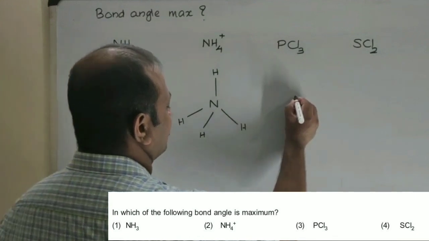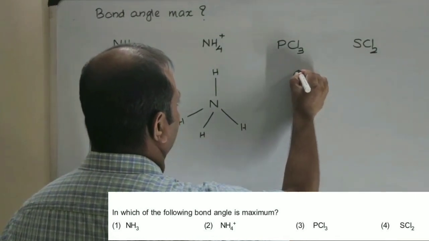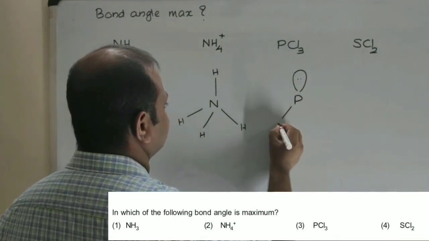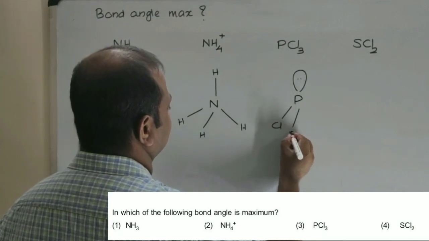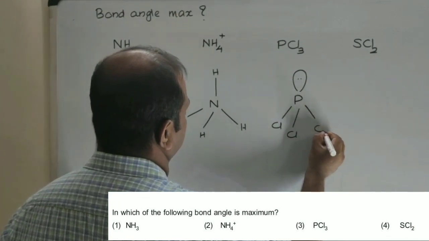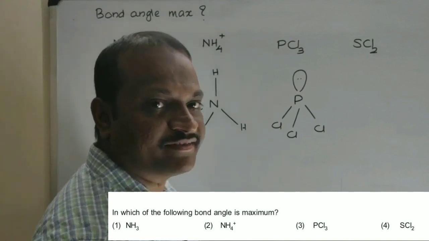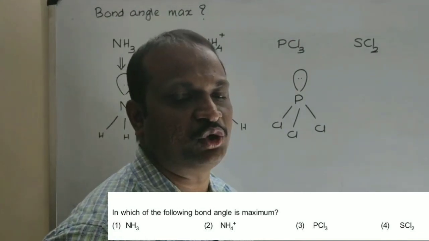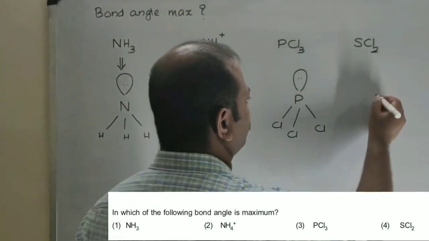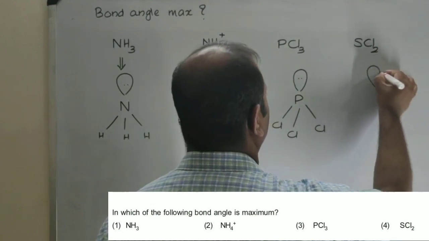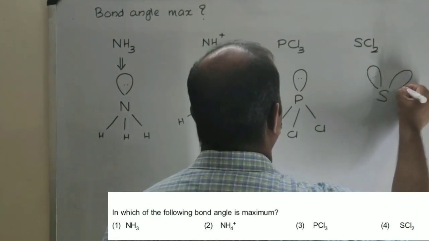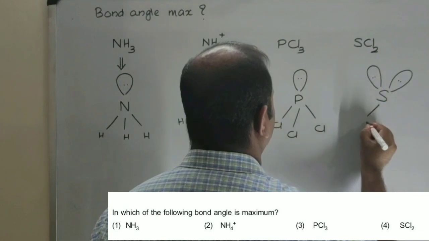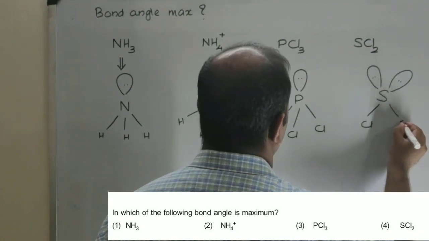So for PCl3, I'm just drawing P with a lone pair here and Cl, next Cl, here also Cl. Then SCl2. SCl2 is just like water. I can draw the shape. Here we have a lone pair, here also a lone pair, then we have a Cl, and here also a Cl.